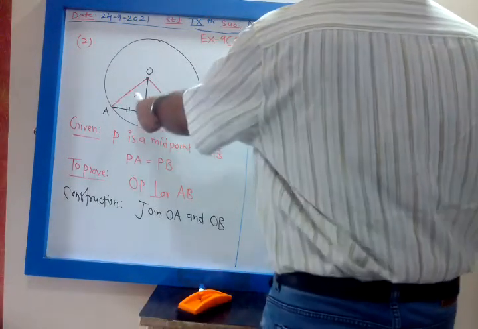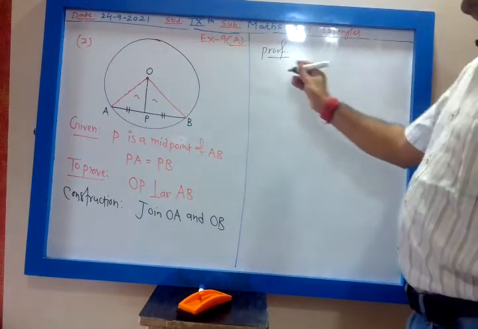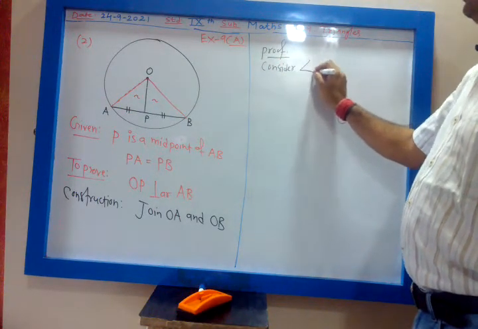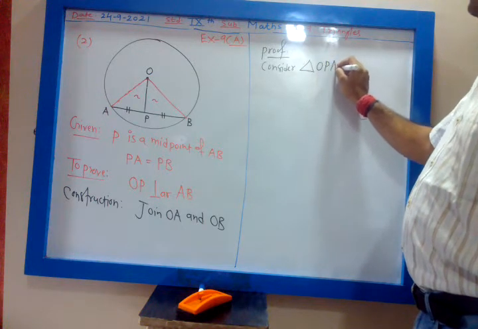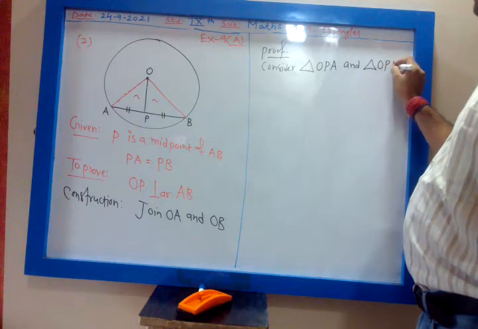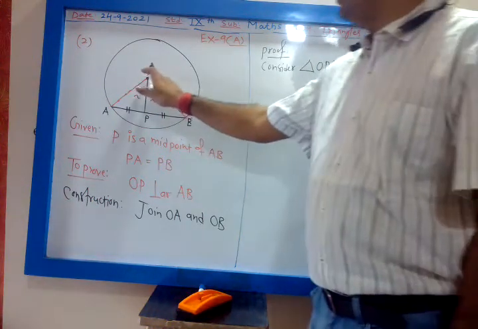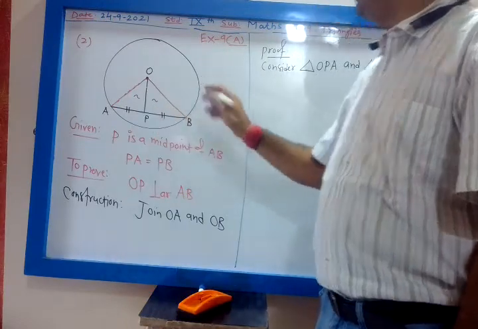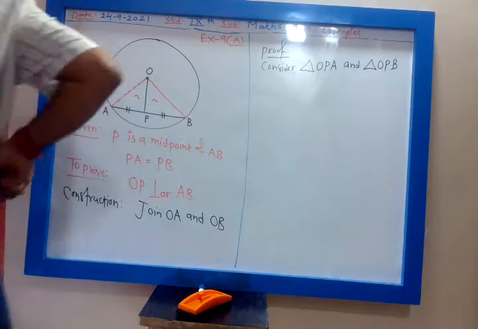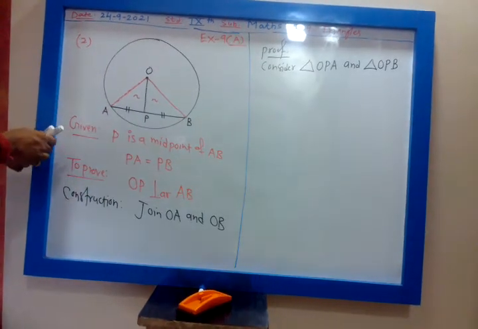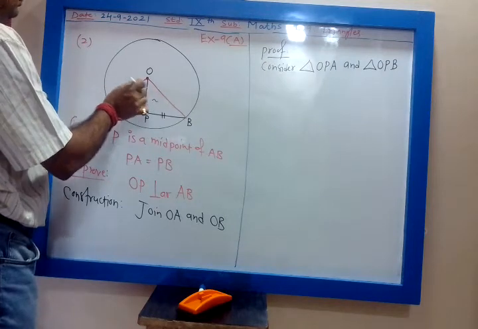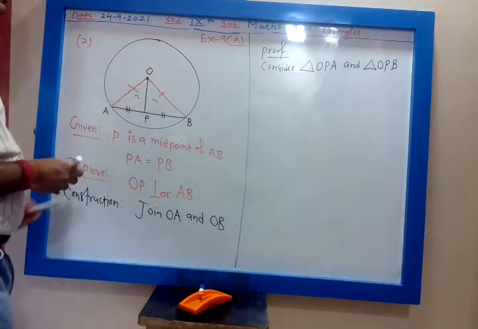To show that, you will write: consider triangle OPA and triangle OPB. Now you apply any condition. Yes, here OA and OB are equal because they are radii of the same circle.